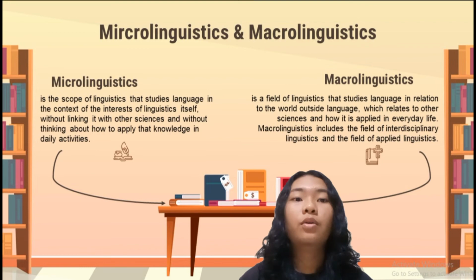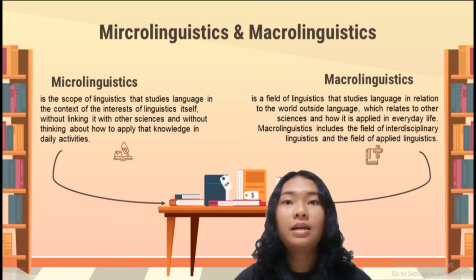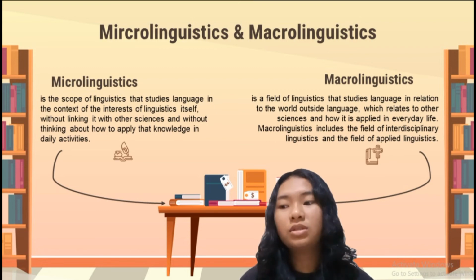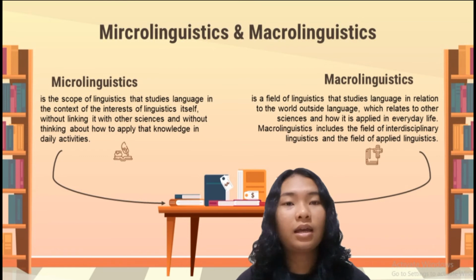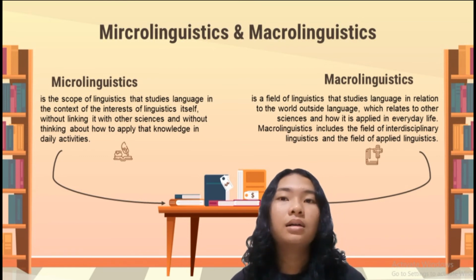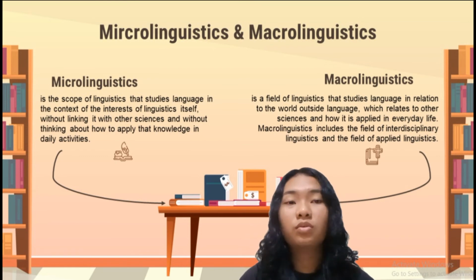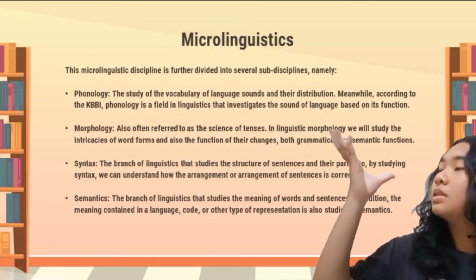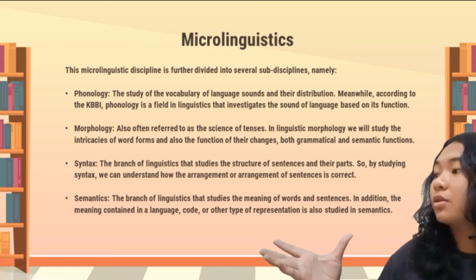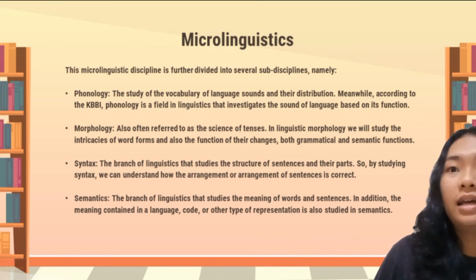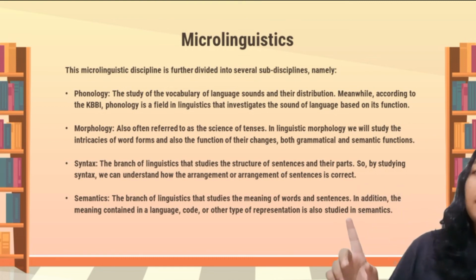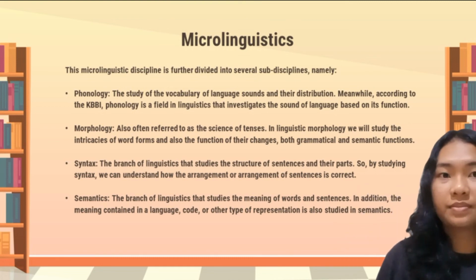Meanwhile, macrolinguistics combines other elements in it, such as sociology and linguistics, and is combined into sociolinguistics and something like that. So this is the kind of microlinguistics: phonology, morphology, syntax, and semantics.